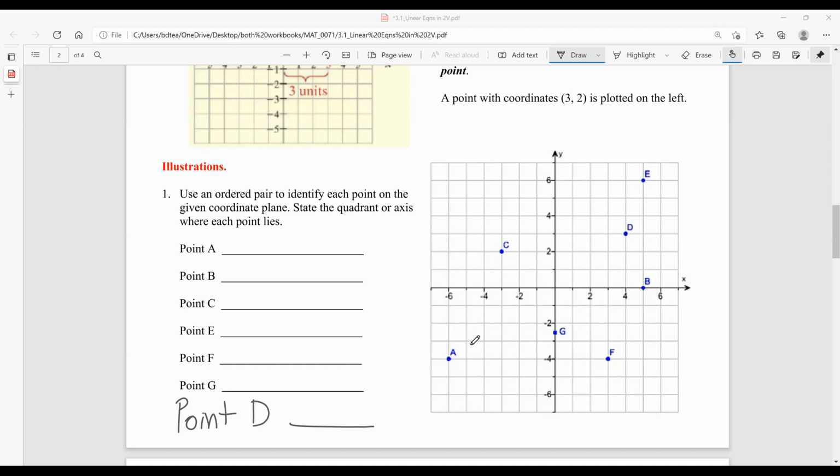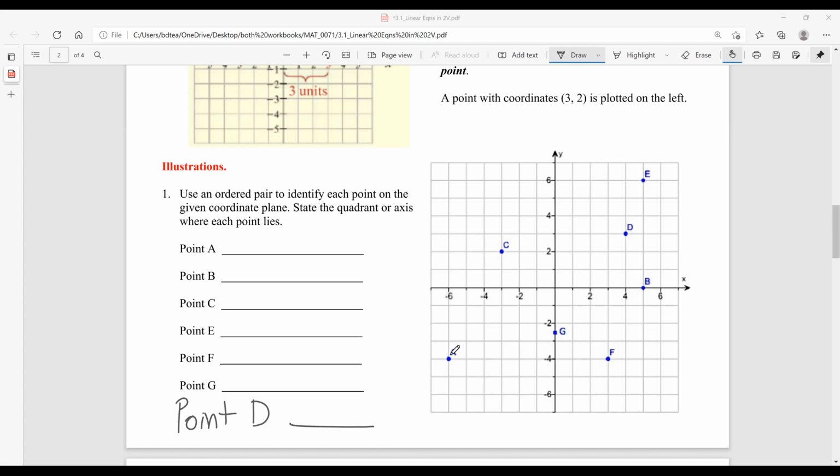So we have these points here, point B, C, D, E, F, and G. Point D was left off, so I just added it down here at the middle. Basically, we are going to identify each point and state the quadrant or the axis that it's on.